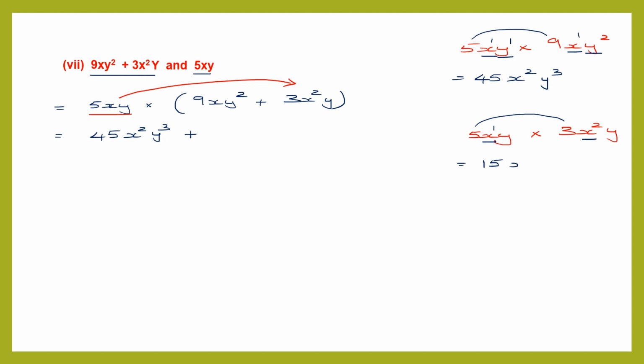So add up the powers, x to the power of 3. Now the next one is y. Here we have 1 and here also we have 1. Add up the powers, 1 plus 1 is 2. So what do we have now? We have 15 x to the power of 3 and y to the power of 2. So what is our answer? 45 x square y cubed plus 15 x cubed y square.